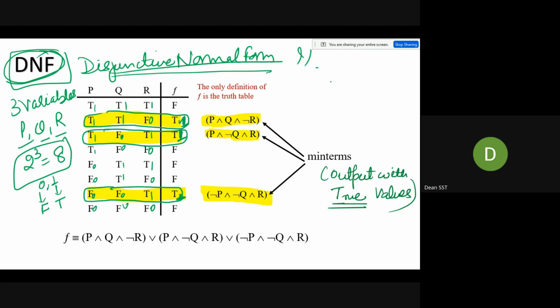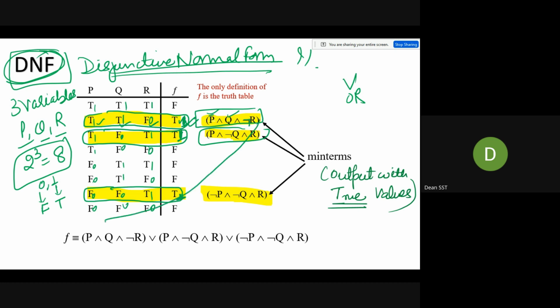Disjunction means or. Here we have 3 expressions, P, Q, and R. For this row, P's value is 1, Q's value is 1, and R's value is 0. So P directly, Q directly, and R with negation.